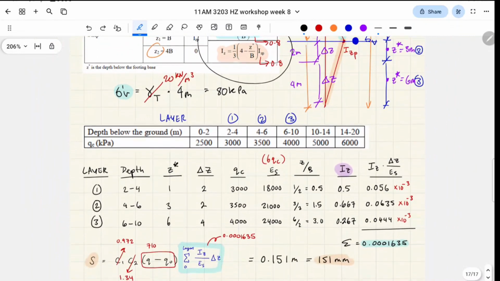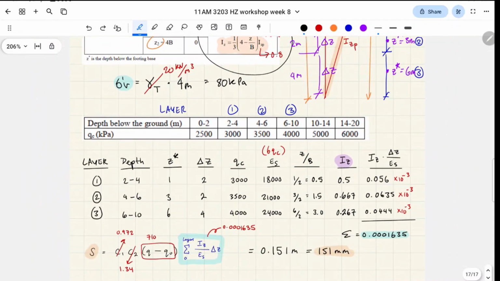So in terms of how you want to set up a table, because this is a table-based method, similar to moment of area from mechanics of solids, you're going to make a table, right? So here I've labeled 3 layers. Said the depth, which isn't anything new. This is from the rows of the information we're given. Z star is what we just spent a little while calculating.